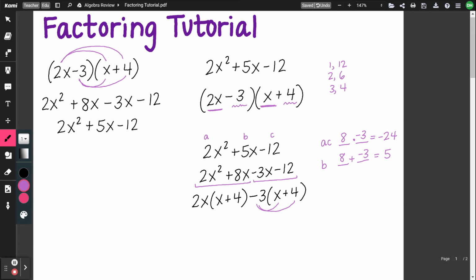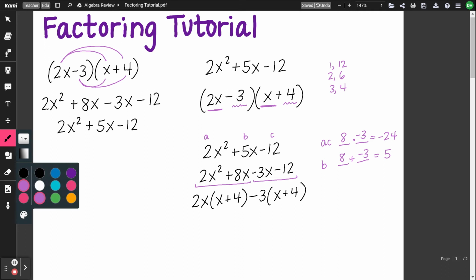A common mistake I see students make is that they put parentheses around this, but that's just not correct. I'm not multiplying 2x squared plus 8x times negative 3x minus 12. Then that's no longer equivalent to the original expression. So make sure the way you're writing it is correct and every line is equivalent to what's above.